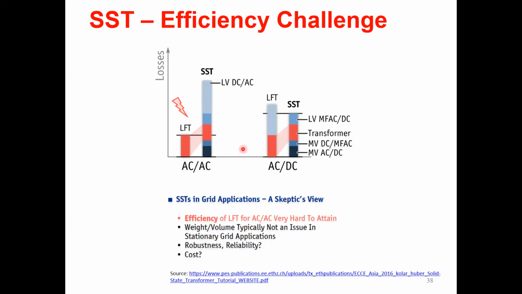But when it comes to applications, as I was just discussing, where you need an AC to DC conversion and so forth, then solid state transformers come into the picture because anyway you are using converters. If you are using a much smaller transformer, you can save a lot on your size as well, and your solid state power device efficiency can also be improved by using wide bandgap devices and so forth.